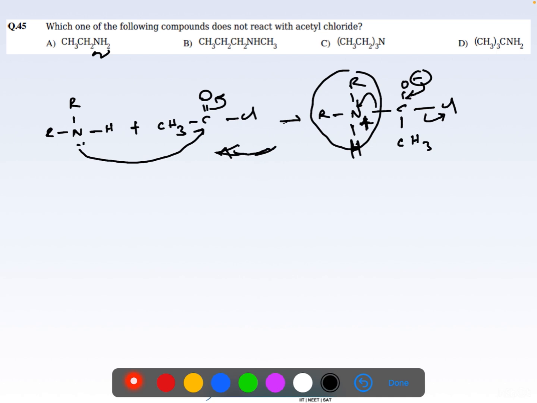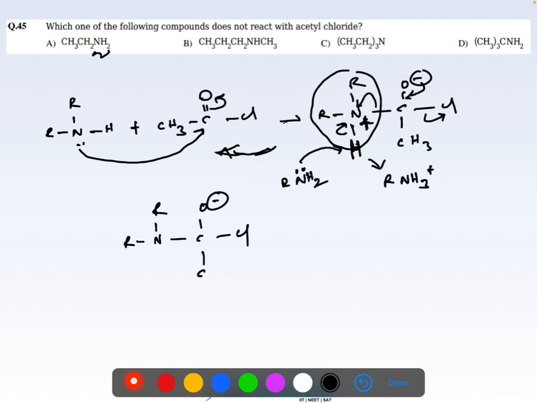So in this particular case, another molecule of amine acts as a base, removes this hydrogen as RNH3 plus. After this step, you will be getting RNR CO minus Cl CH3.